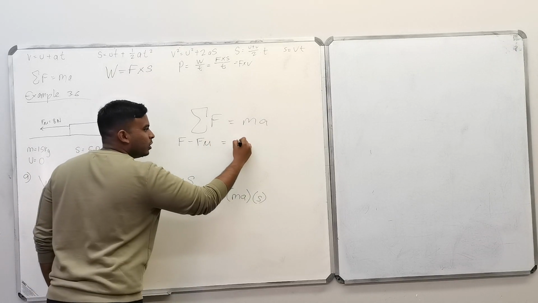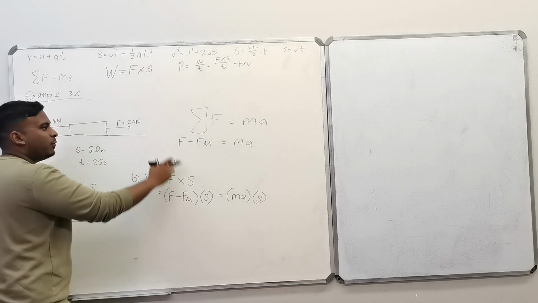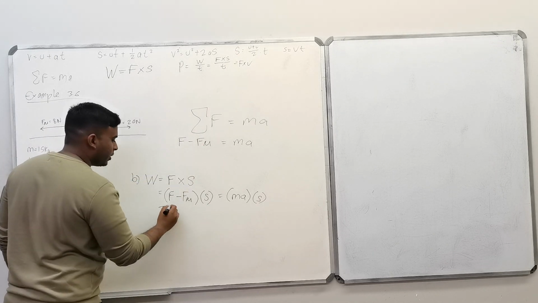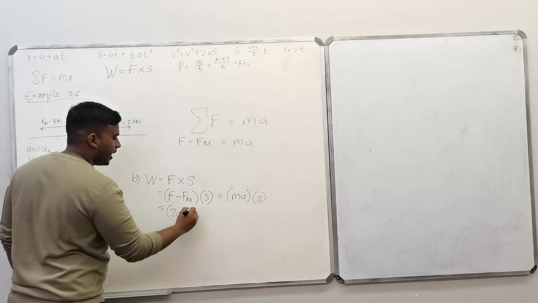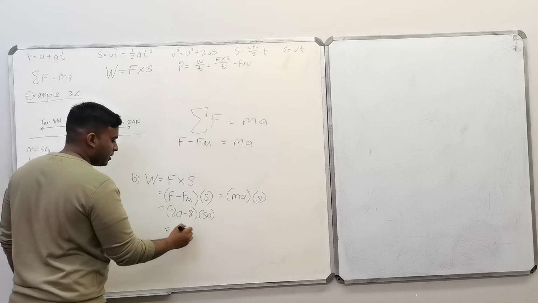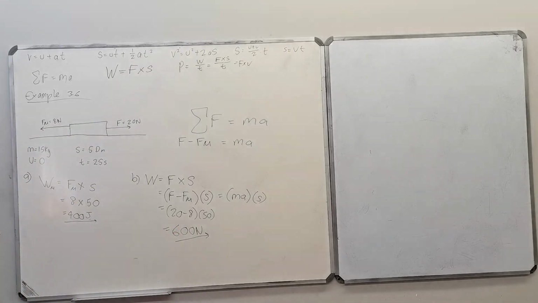It's equal to mass times acceleration. So we can use this here, and we know this value and we know this value. Okay, so here you could say 20 minus 8 times 50, which is 600 newtons. Does everybody understand what I just, not newtons, man, joules?